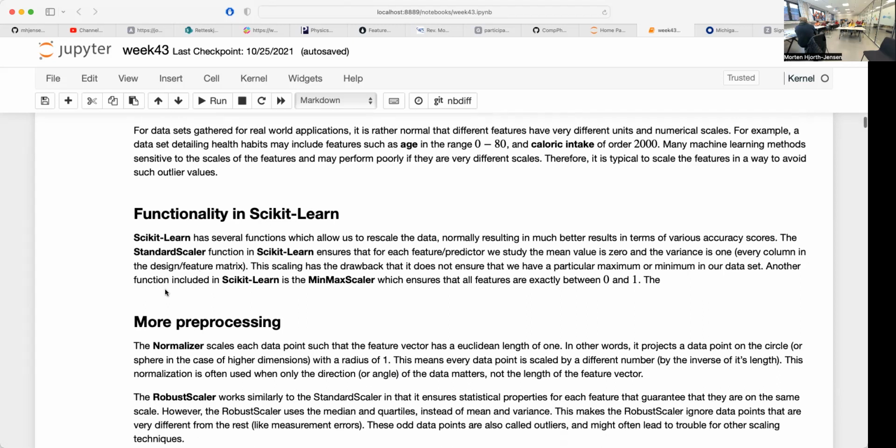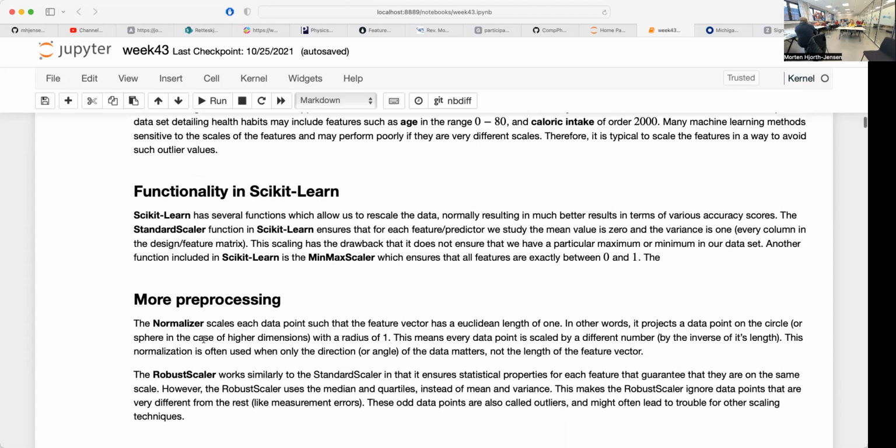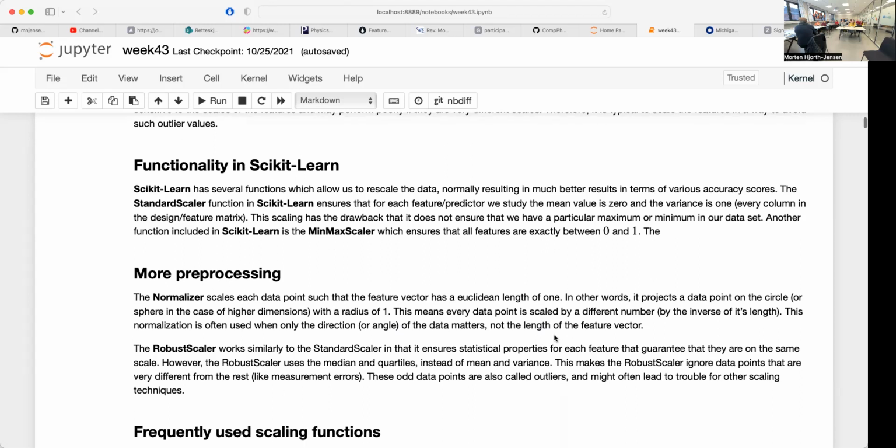Then there are other ways of scaling. One is called the min-max scaler, which many people also use. You would have to study your data set and then decide what kind of scaling you want. Then there's something called a normalizer, which scales each data point such that the feature vector has a Euclidean length of one. There's also something called the robust scaler, and I don't remember exactly what it does, so I put the text here.